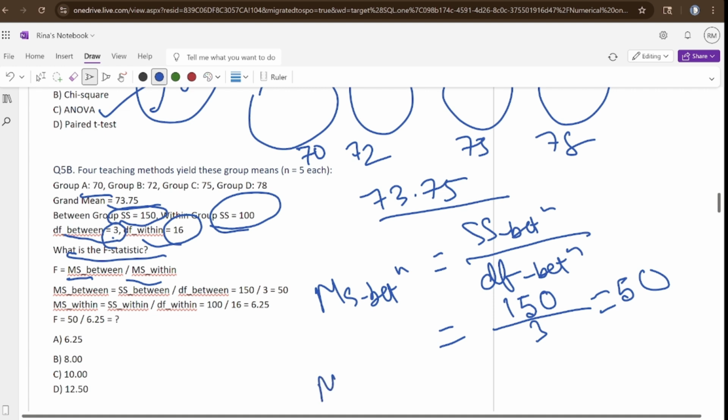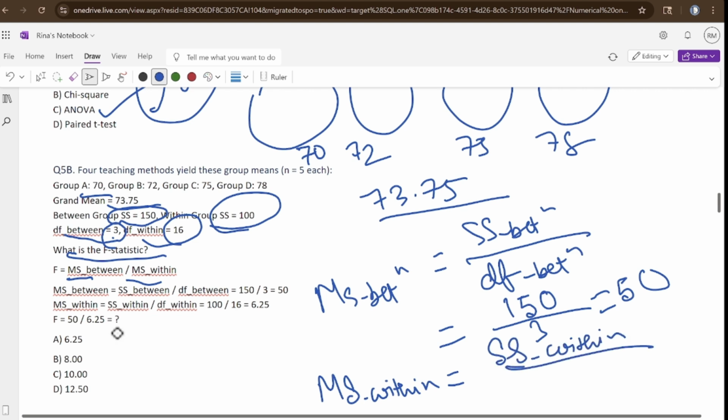Now mean square within groups. So mean square within equal to sum of square within by degree of freedom within. Sum of square within is 100. Degree of freedom within is 16. So it will be around 6.25.